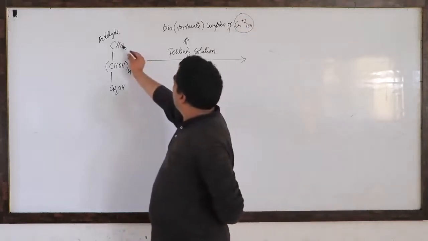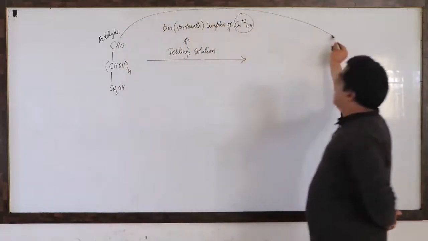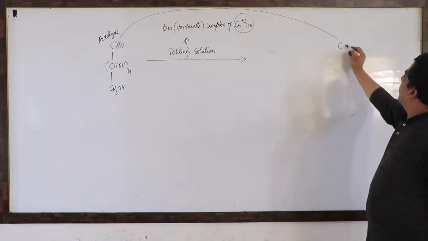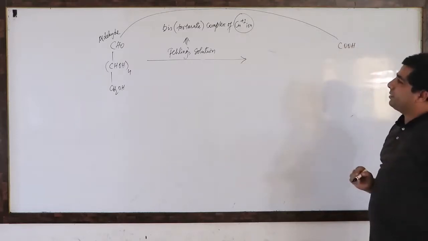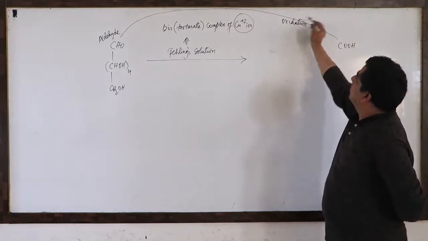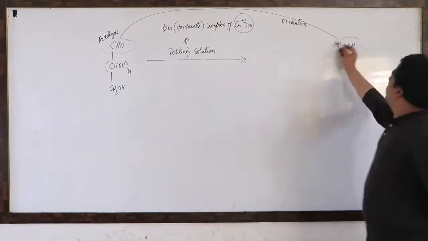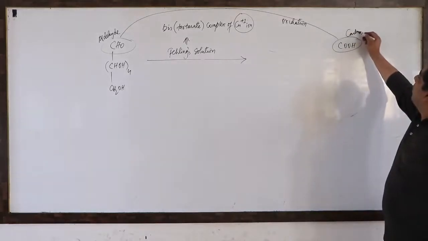The same thing will happen. This aldehyde will be oxidized. Let's oxidize this aldehyde. The aldehyde group will be oxidized into carboxylic acid. So oxidation is taking place here. Correct? So your aldehyde is converted into carboxylic acid.